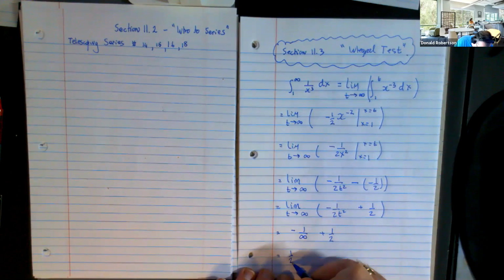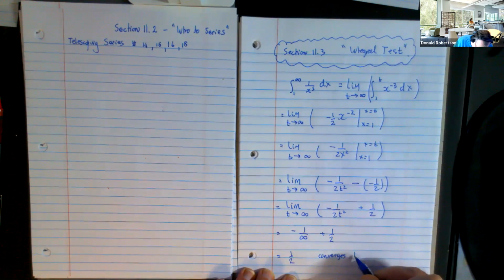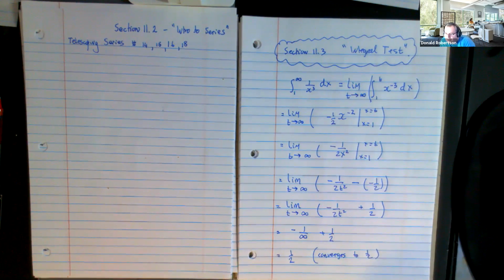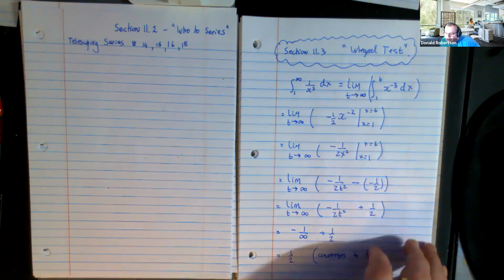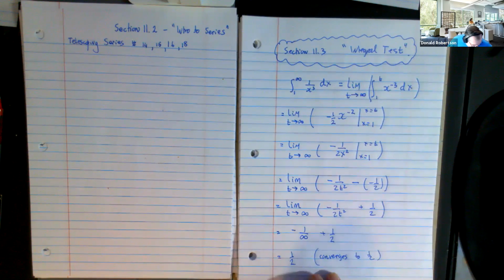In which case, this converges to a half. Is that familiar? Does it kind of get some cobwebs out your brain? Oh yeah, I remember doing those guys. Are we good? Sort of. Okay. I think we need another one at least, maybe 2 more. Let's try the next one.